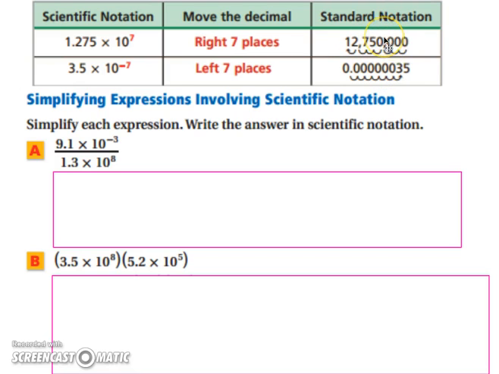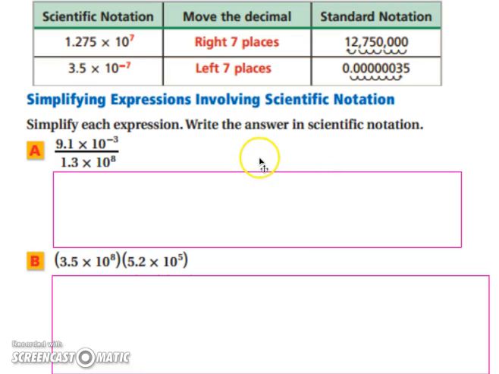If you wanted to go back towards scientific notation, you would have to move the decimal to the left. So basically, scientific notation and standard notation, you're just moving the decimal back and forth. Just keep in mind which way you're moving it.